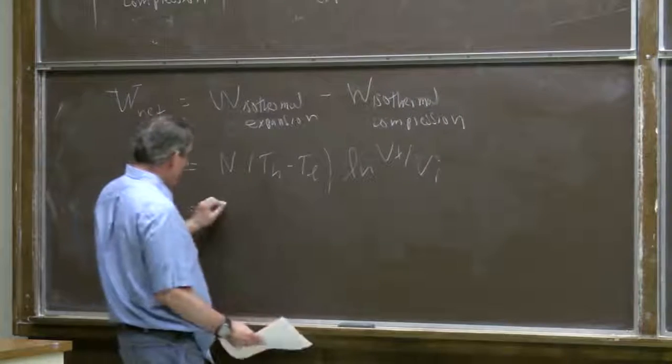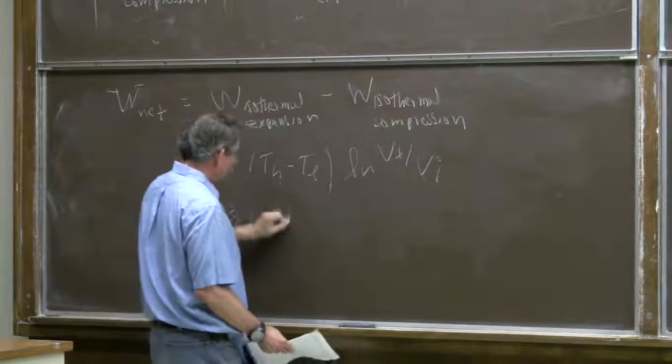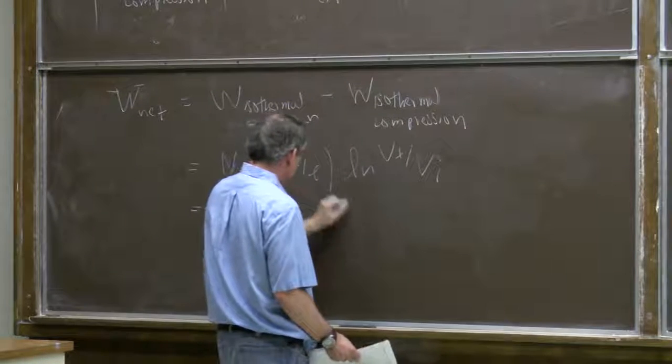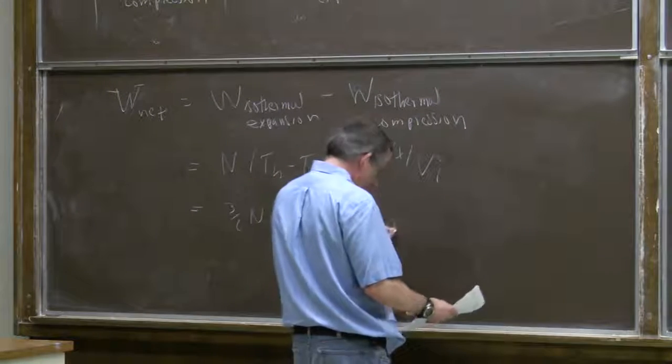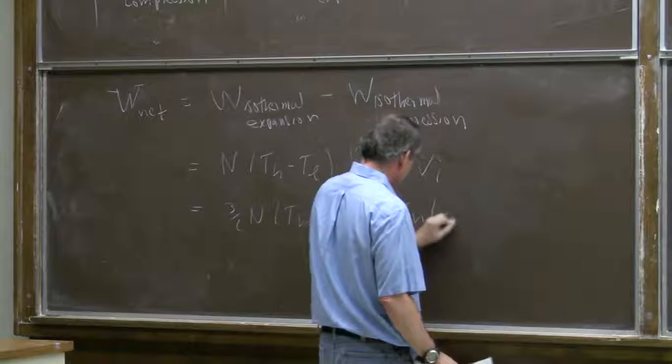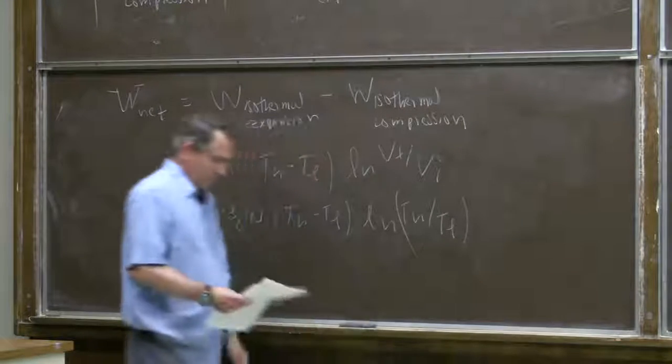So I can write that as 3/2 N tau H minus tau L times the log of the ratio of temperatures, tau H and tau L.